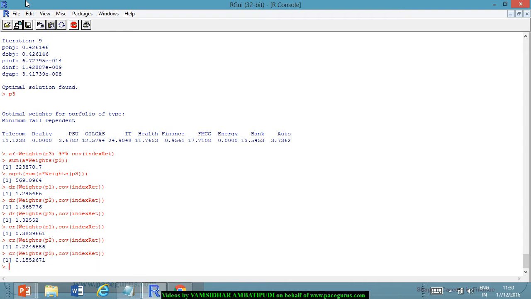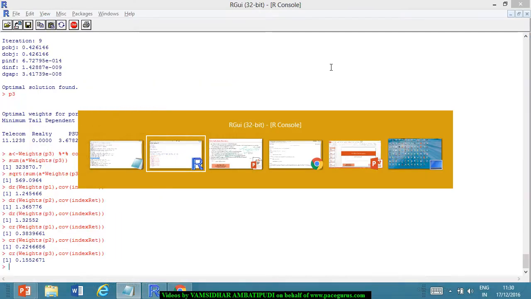And in case of P3, the number is much lesser, indicating that the concentration is almost non-existent. But at the same time, the diversification ratio has not given the most diversified result as well. So these are two measures of diversification.